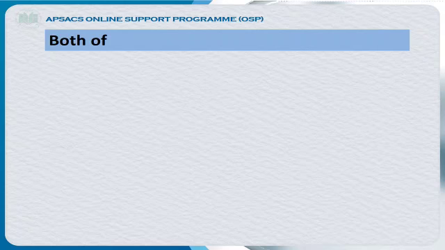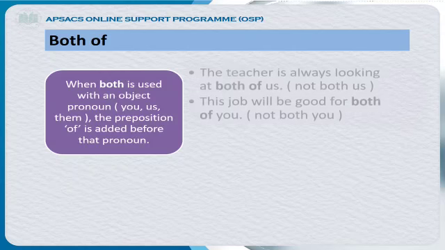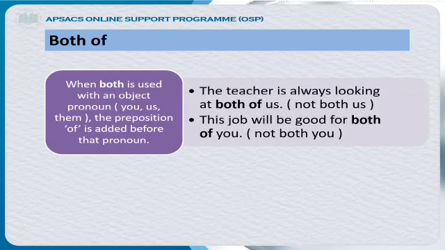Now, when we talk about both of, when both is used with an object pronoun, that is you, us, or them, the preposition of is added before that pronoun. For example, the teacher is always looking at both of us. Only both will not be used here. This job will be good for both of you. We will not write both you.